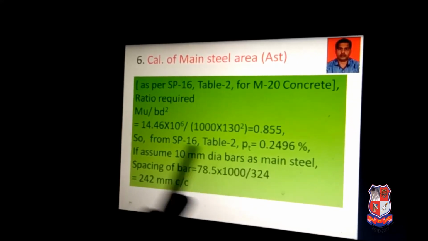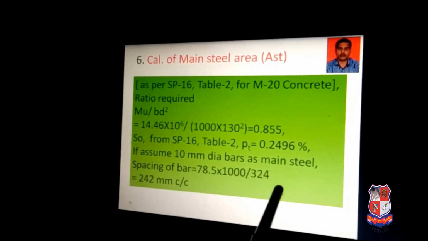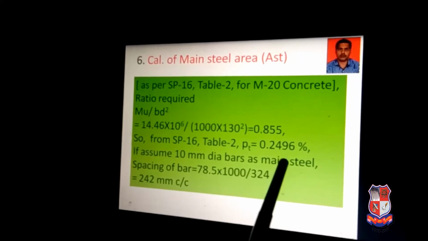From this percentage, if we assume 10 mm diameter bars as main steel, the spacing of the bar would come, one bar area of 10 dia, 78.5, into 1000 divided by 324. 324 is the area of the steel calculated based on this percentage 0.2496, and this way we can find out the spacing of the bar.